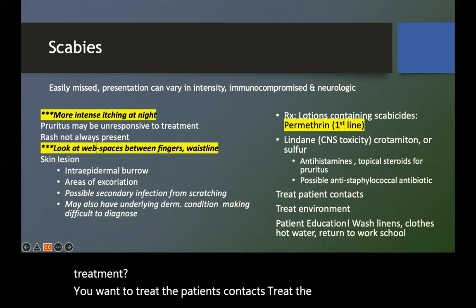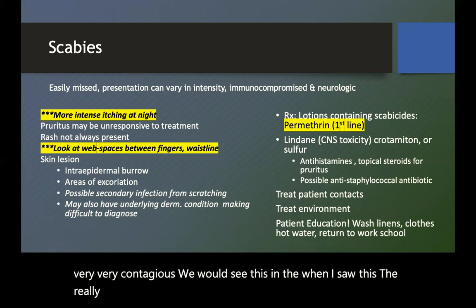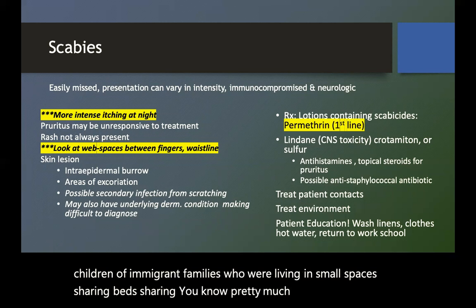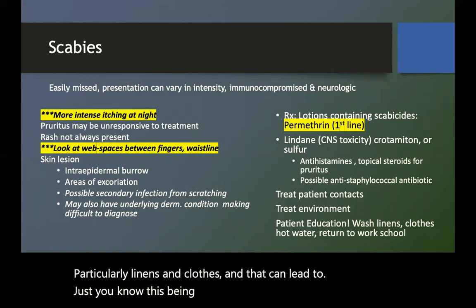It's very, very contagious. When I saw this, it was when I was working as a school nurse. I saw it in the children of immigrant families who were living in small spaces, sharing beds, sharing pretty much everything, particularly linens and clothes, and that can lead to this being a contagious thing to basically all the sisters and brothers in the family.